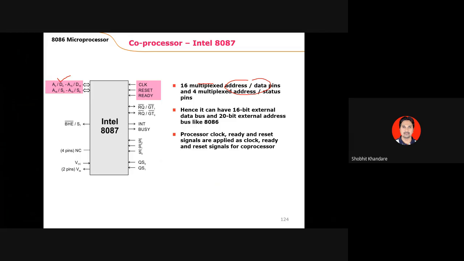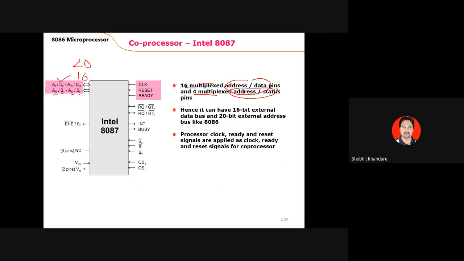Four multiplexed pins are for address and status. The remaining address, that is A16 to A19, are multiplexed with S3 to S6. So here also it has a 20-bit address bus and a 16-bit data bus.